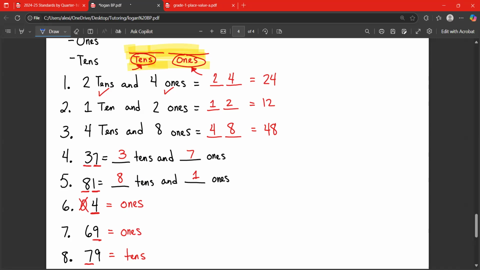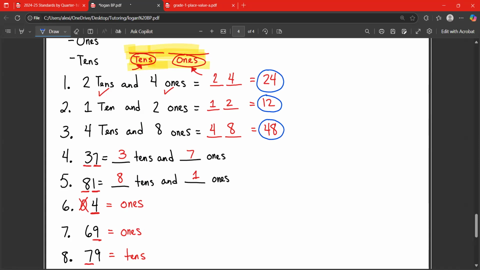So remember in example 1, if I had two tens and four ones, I have the number 24. If I have one 10 and two ones, I have the number 12. If I have four tens and eight ones, I have the number 48.